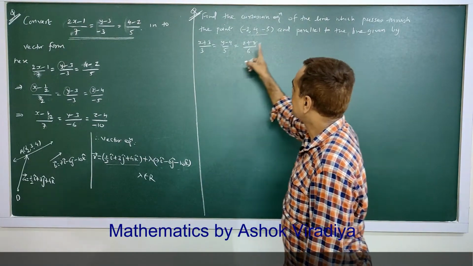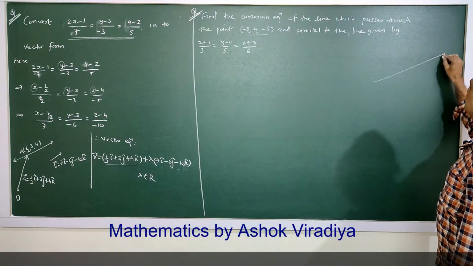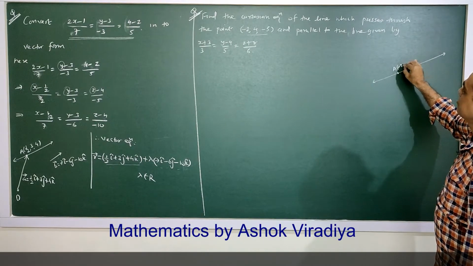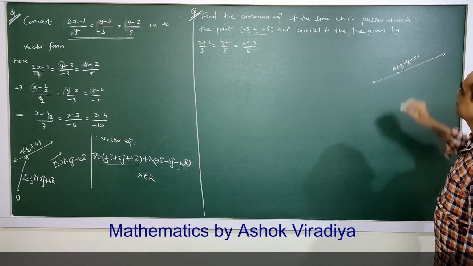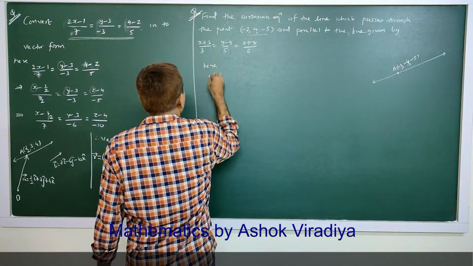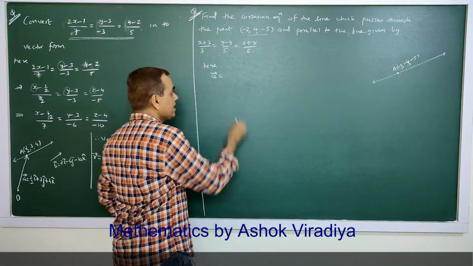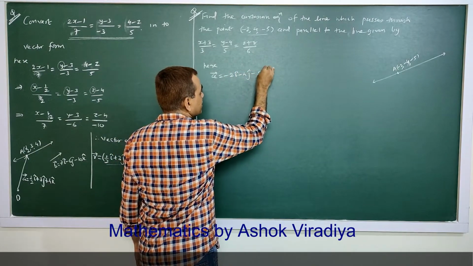That means to understand this given information, I am taking here a line. It is passing through -2, -4, -5. So here the position vector of point A will be -2i minus 4j minus 5k.